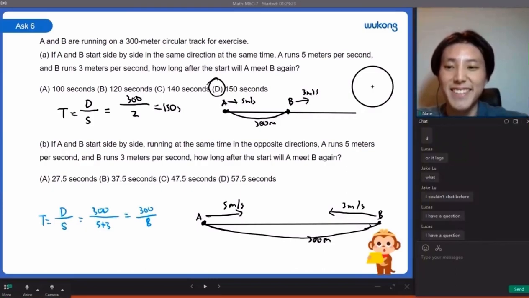If the whole circular track is 300 meters, doesn't that mean that A runs 2 circles and meets B because B only runs 1 circle?